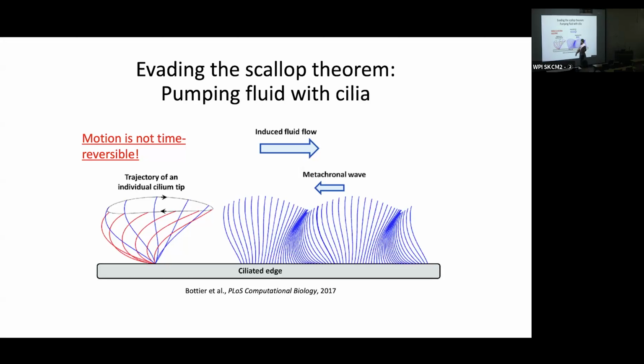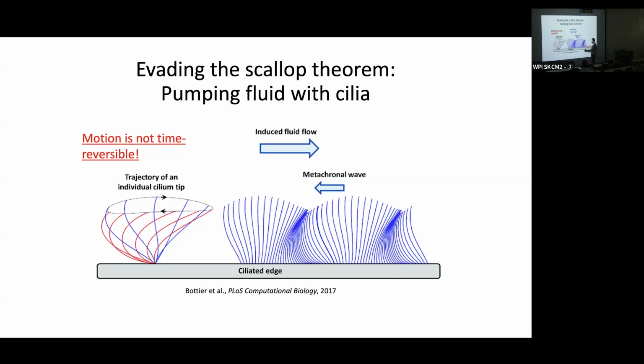You see there's a power stroke where the cilium is extended very far out and a recovery stroke where it's bent in towards the body of the microswimmer. So the elasticity of the cilium is crucial in breaking the time reversibility of that stroke and giving you net pumping over one period. Looking at this, you expect fluid to be pumped to the right, and that's correct.